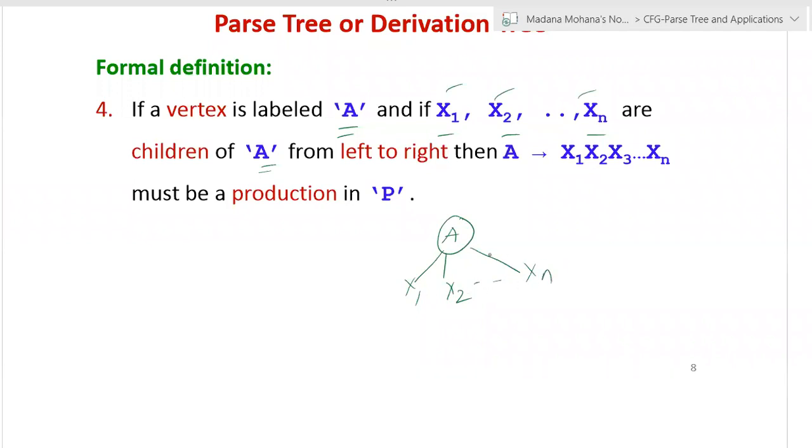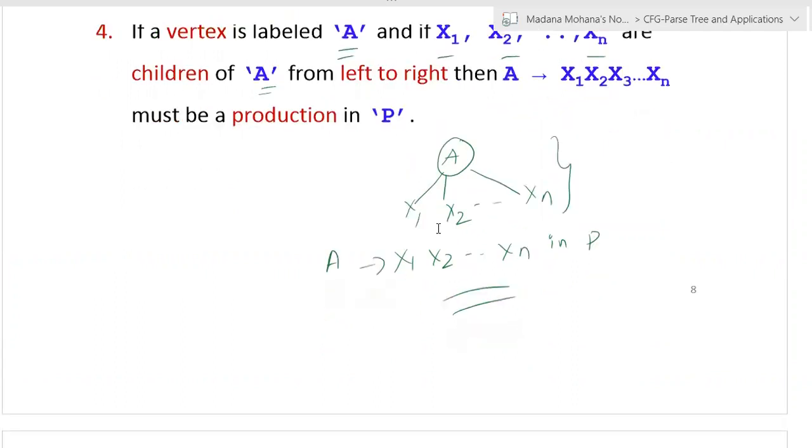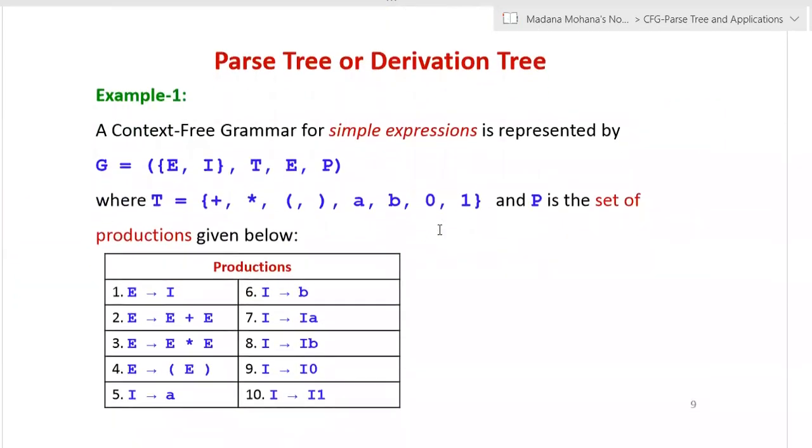So x1, x2, and so on xn are the children of A from left to right, connected to its parent node A. When this is possible, there is a production A derives x1, x2, and so on xn, which must be a production in P. If you have a production like this, you can connect all the children placed at the right hand side to its parent from left to right, as shown in this figure. This is another property. Then let us see examples.